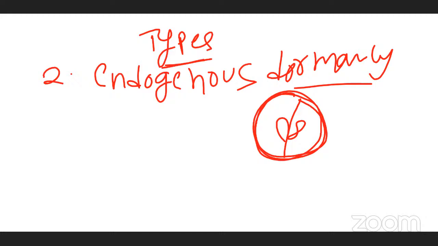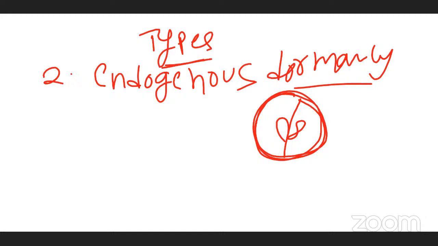Due to the immature embryo, of course, when the fruit separates from the plant, at that time the seed is already matured and the embryo also matured. But in some plants, even before the fruit is separated from the plant, the embryo is in an immature state. The fruit is already separated and the seed also separated.